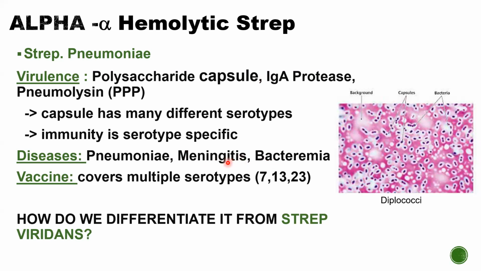The mucosal surface is the respiratory tract, that's why it causes pneumonia. And it can also go on to cause meningitis. Who remembers why this organism is able to cause meningitis? I mentioned this in the beginning. It's able to reach the brain because it's hiding from the immune system. The capsule, exactly.